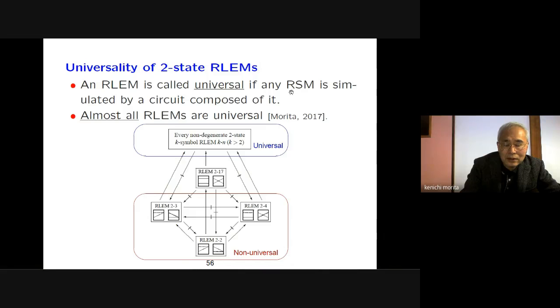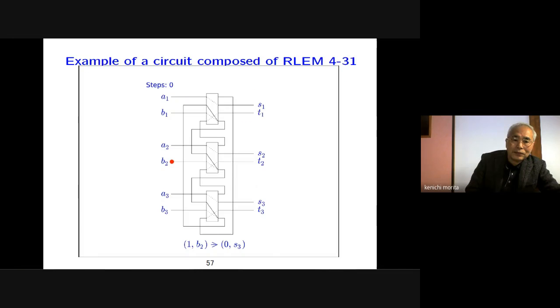And a reversible Turing machine can be composed of reversible sequential machine modules, as we shall see later. This is an example of a circuit composed of RLEM 431. If a particle goes through a dotted line, then the state does not change.